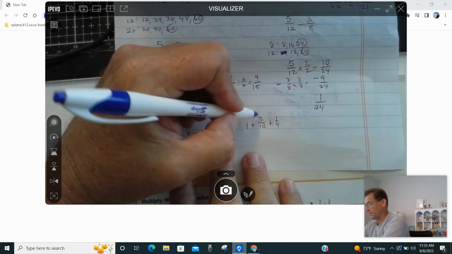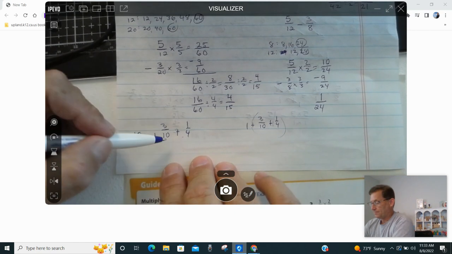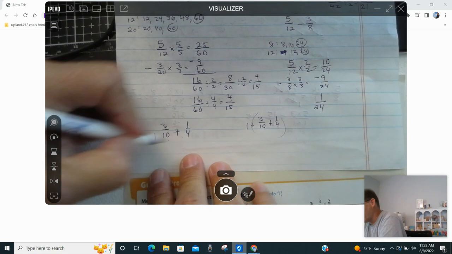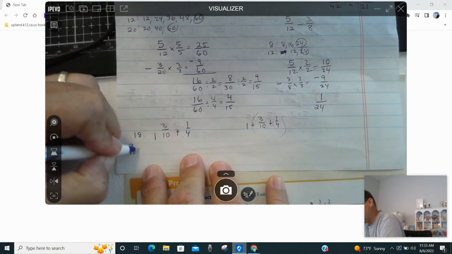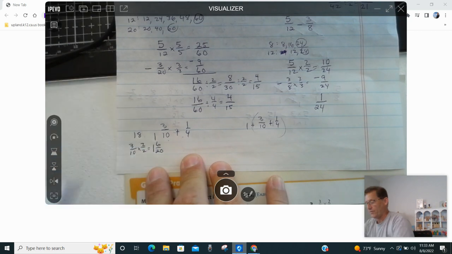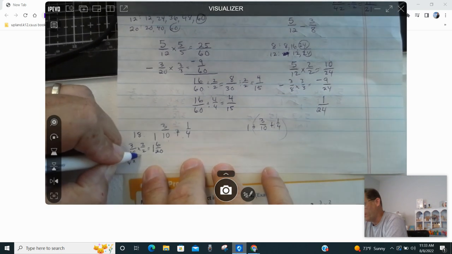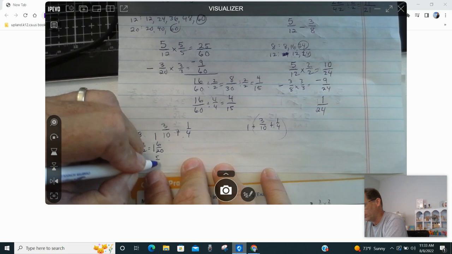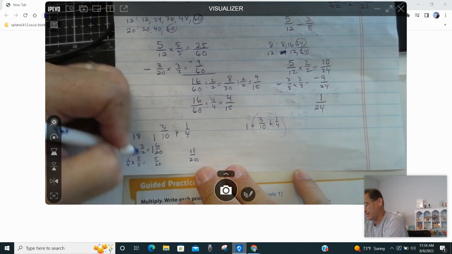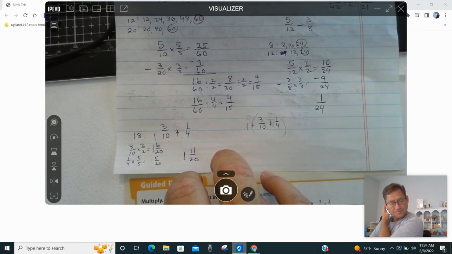So let's just work with the 3/10 and the 1/4. And I know that 4 can become 20 and 10 can become 20. So 3/10 times 2 over 2 will give me 6/20. So 1 3/10 is the same as 1 6/20. And 1/4 times 5 over 5 would be 5 twentieths. So 6 plus 5 twentieths is 11 twentieths, and 1 plus nothing is 1. So we get 1 and 11 twentieths.